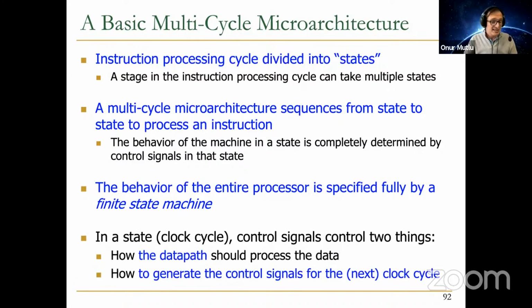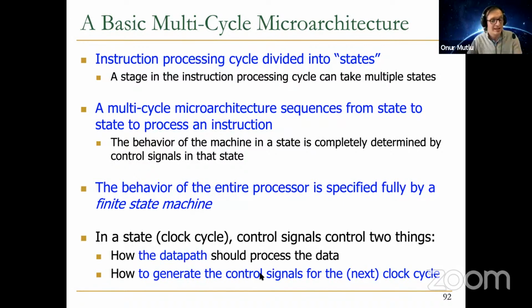But basically, in a state, in a clock cycle, in other words, control signals control two things. One is how the data path should process the data. And we already know this clearly, right? We said that you have data path and control logic generates the control signals to make sure data path elements do the right things to the data as specified by the ISA.